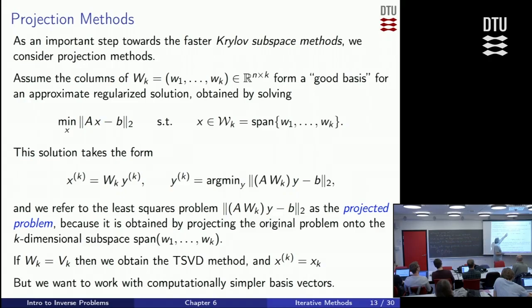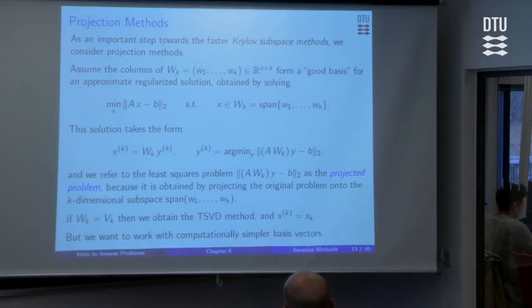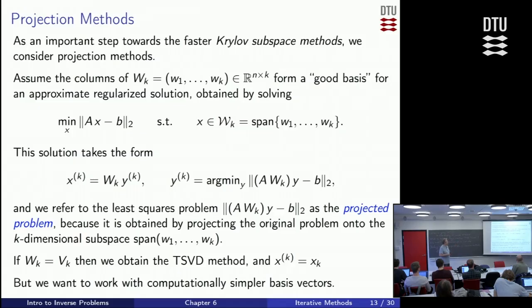So we have k columns, k vectors w1 to wk. We put them together in a matrix Wk. Of course, what these columns will look like depends on the particular application. You can't choose that without knowing about the specific problem that you're trying to solve. Anyway, assume you could do that.